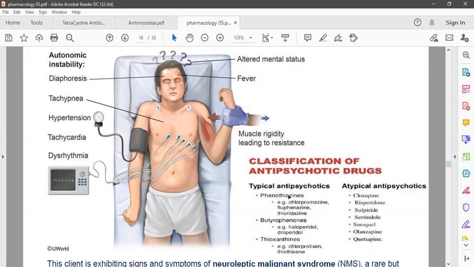Phenothiazines can be given orally, intravenously, or intramuscularly. Usually the intramuscular one lasts longer. So these phenothiazines are typical antipsychotics.